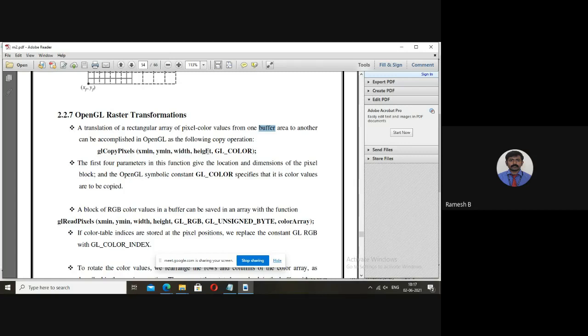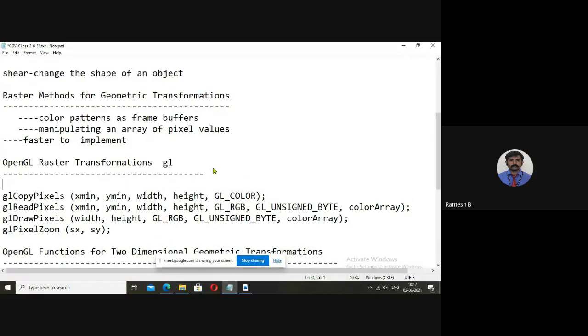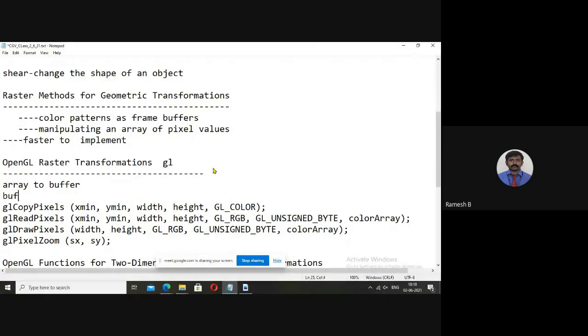The first four represent the area, and the color specifies the color of the pixels. Similarly, there is one more method which saves the values into an array. It is the reverse: read pixels. First from array to buffer, and from buffer to array.